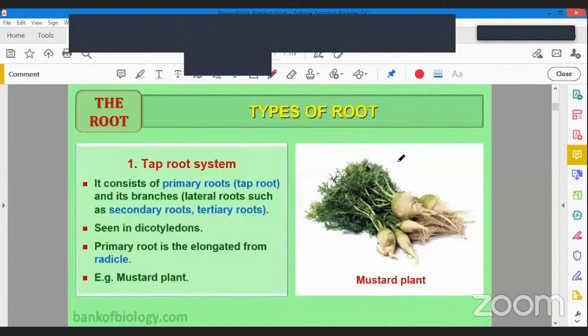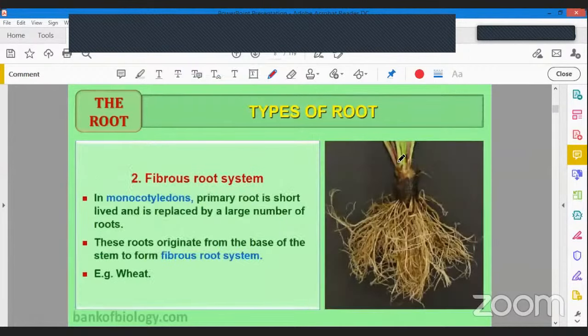Done. Then fibrous root. This is seen in monocotyledons. The primary root is short. In taproot, the primary root was growing. Here the primary root is short, it doesn't grow much, and it is short lived.